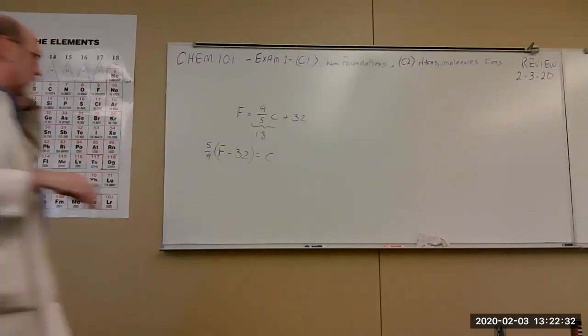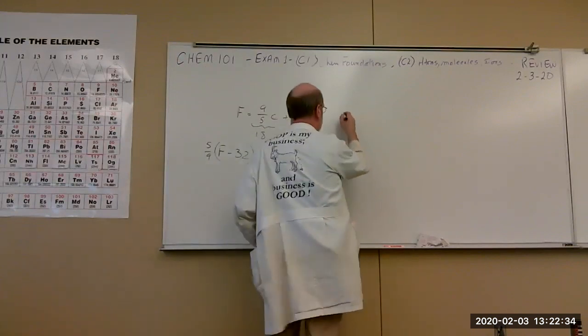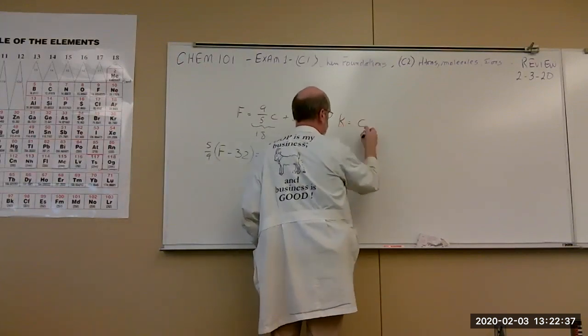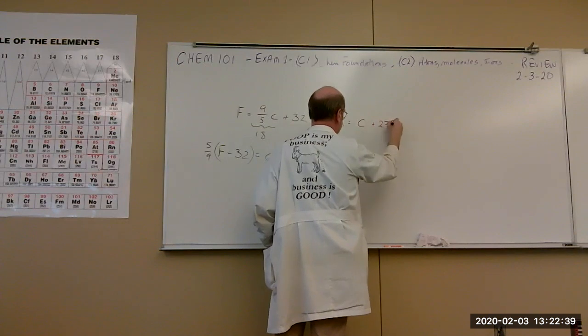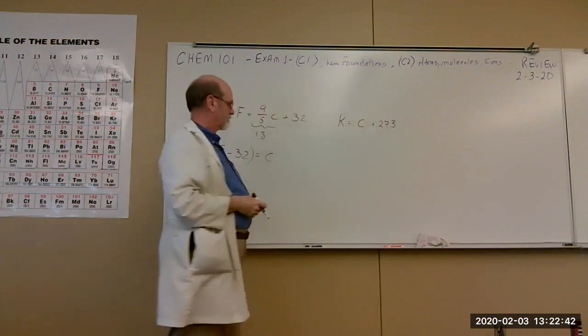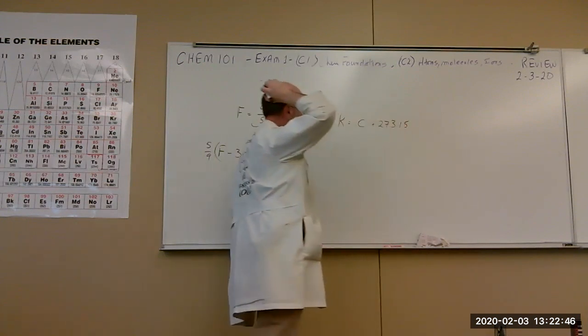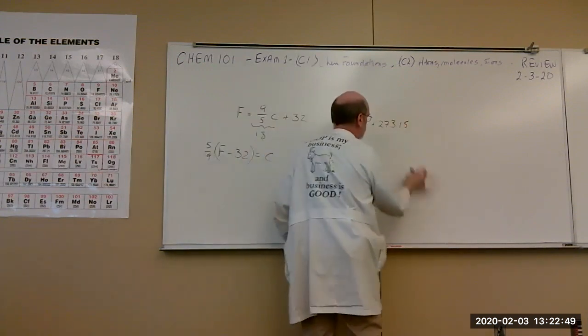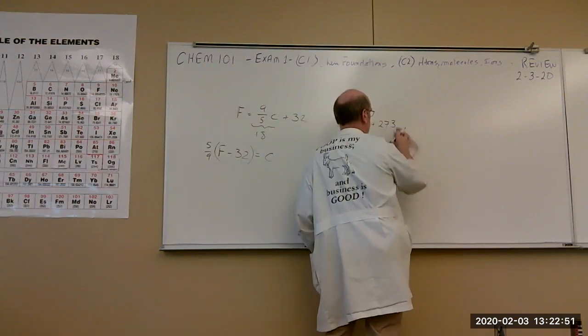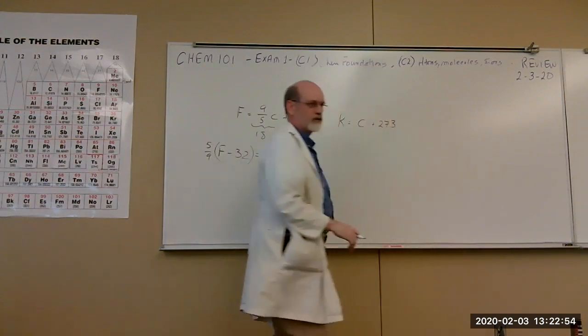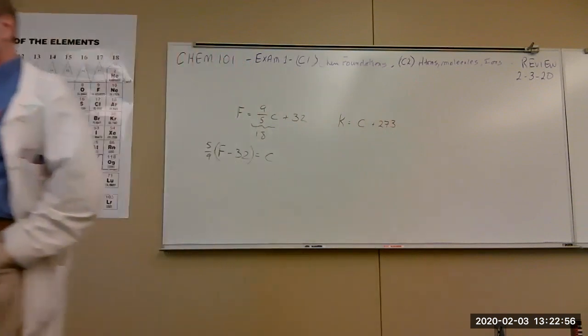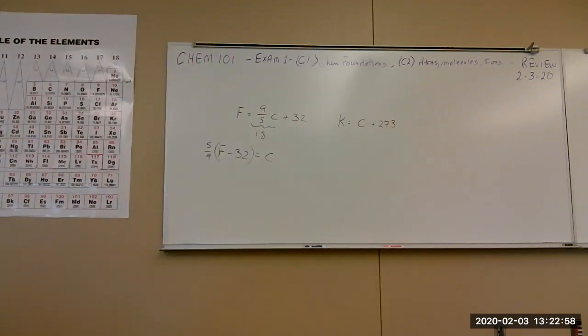And then, what other temperature do we have? Okay. That's always Celsius plus 273.15. The 0.15 is because, well, 273 is good enough for us. It's theoretical anyway. Yeah, you'll never get to absolute zero. We've gotten close.